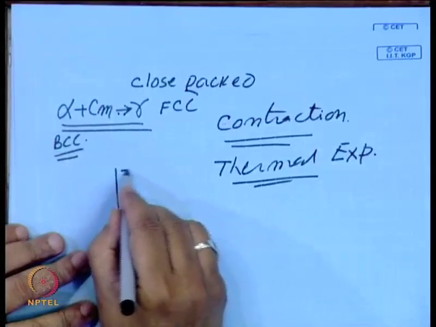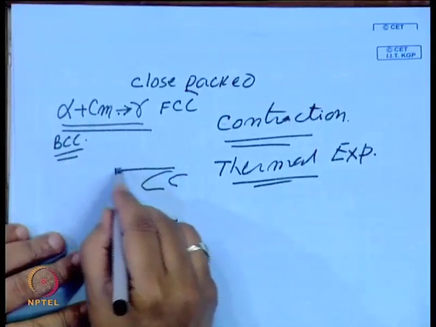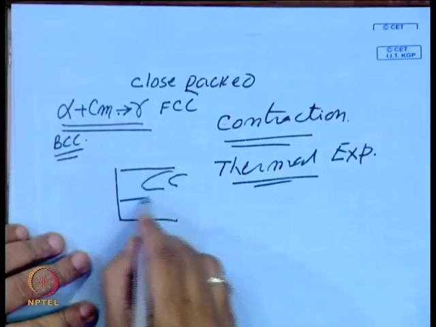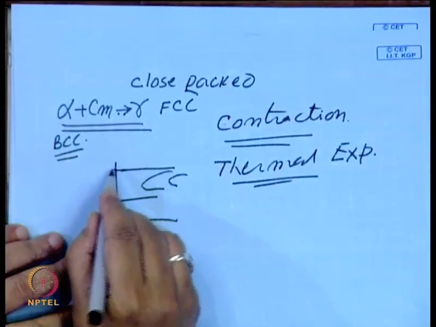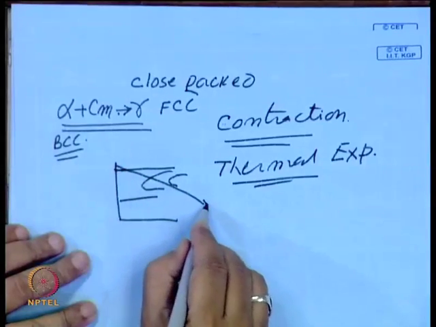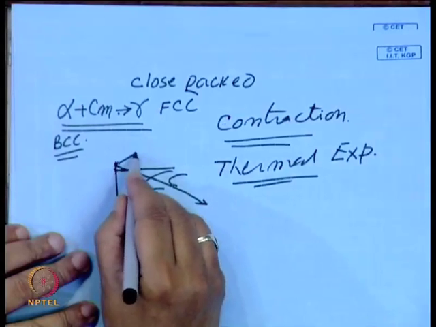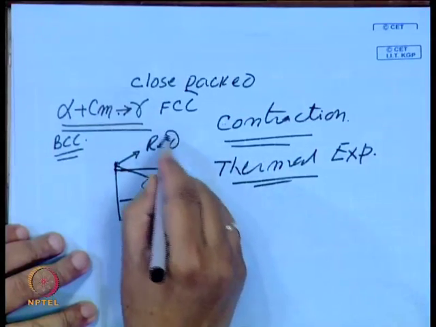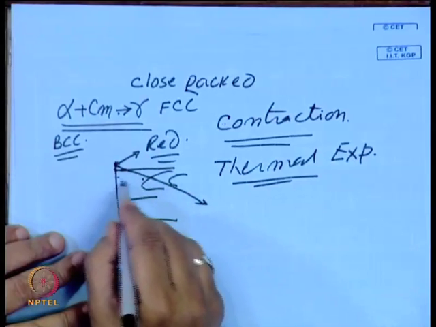Look at that transformation diagram. The piano wire will be close to a eutectoid steel, let us say, and when you are cooling in air, you will pass through, let us say, this region. See here it is red hot, and when it cools down it becomes dull.